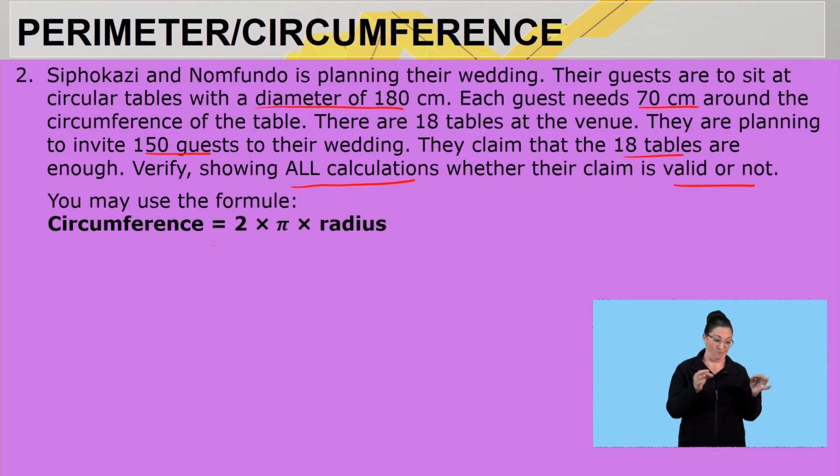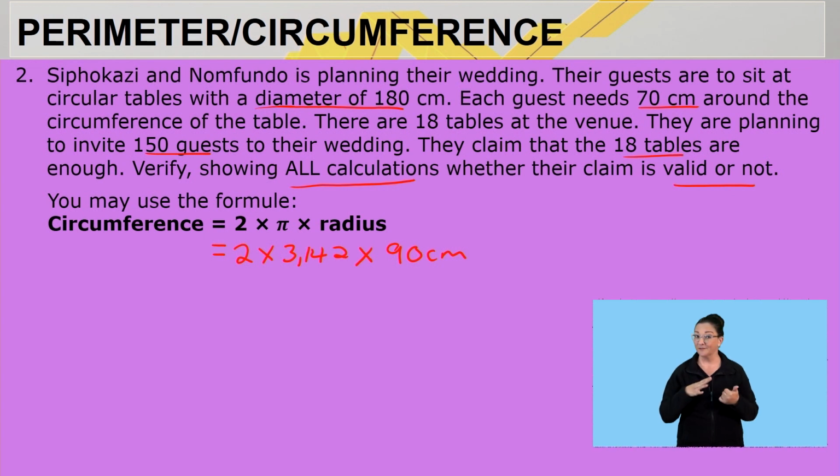It wants us to use 2 multiplied by the approximate value of pi, 3.142, multiplied by my radius. Remember, there's a circular table, and the diameter of the circular table is 180 centimeters. So I need the radius, half of that. 180 divided by 2 gives me 90. So I'll multiply by 90 centimeters.